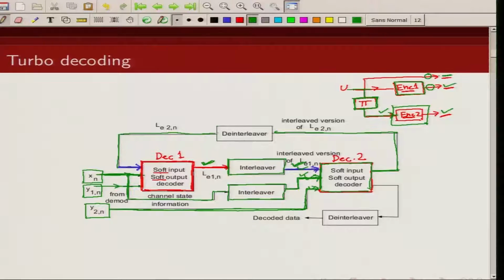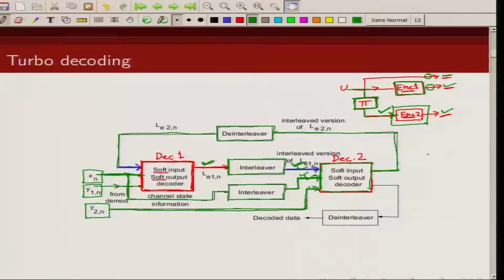And note, there is a de-interleaver in between, because the order of information sequence here is a de-interleaved version of the information that is being fed to encoder 2. This de-interleaver is used so that the order of information estimates that we are feeding to decoder 1 is in the same order as these other inputs.